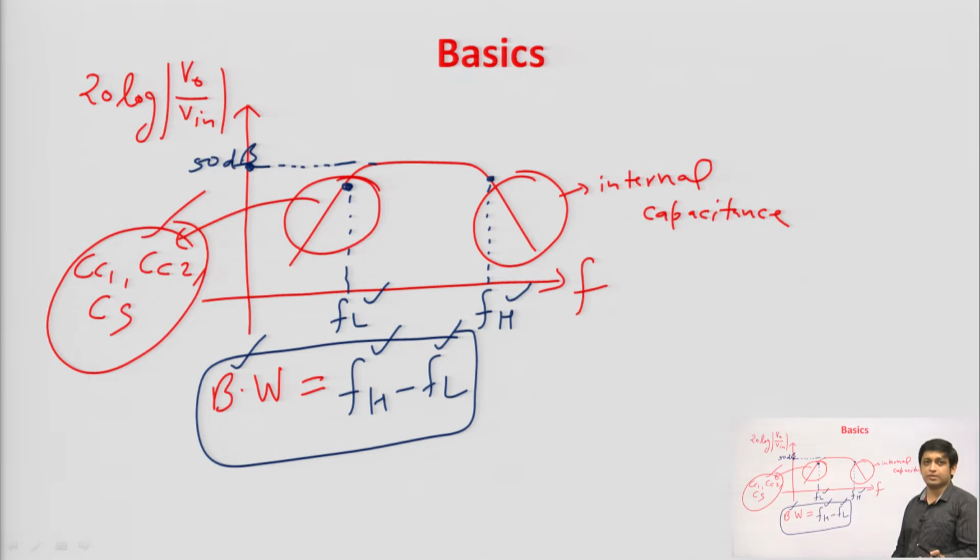There are various names: upper minus 3 dB, lower minus 3 dB, upper corner, lower corner, upper break frequency, lower break frequency. The terms are different, but the definitions are the same. FH and FL are the frequencies at which the gain is reduced by 3 dB from the maximum gain.